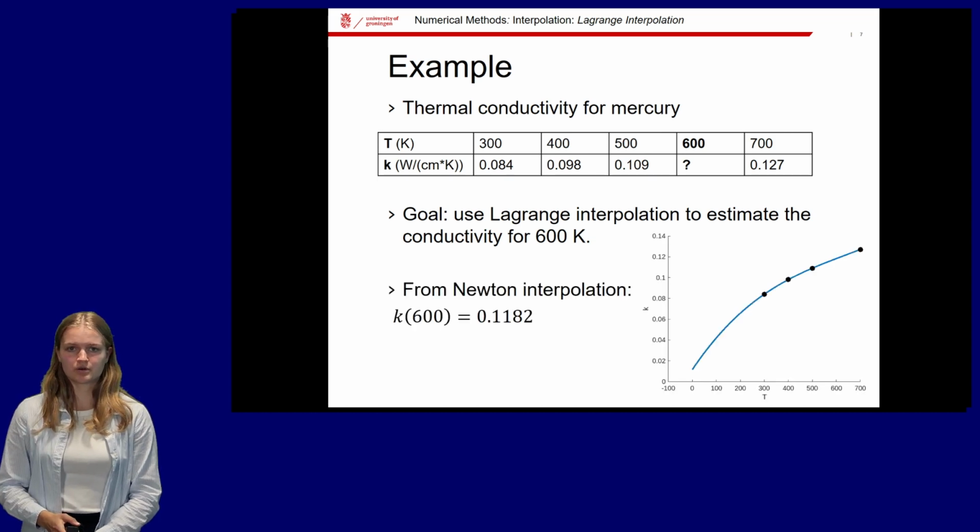These were our results from Newton interpolation, the plot with the polynomial going through the 4 data points, and our estimated value for the thermal conductivity at 600 Kelvin.